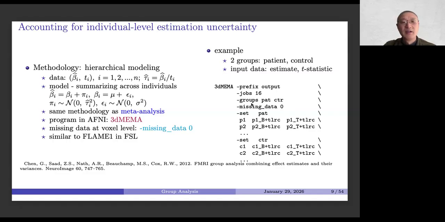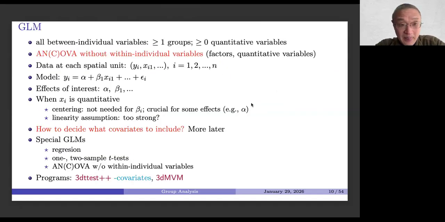The next modeling framework is called the general linear model at group level. This is a little bit different from the acronym as used in the literature. People use general linear model (GLM) for the individual level, which to me is more accurately called a regression, not a general linear model. What's the difference? Historically, the acronym was created to indicate that in the model you have both quantitative variables and factors, categorical variables.